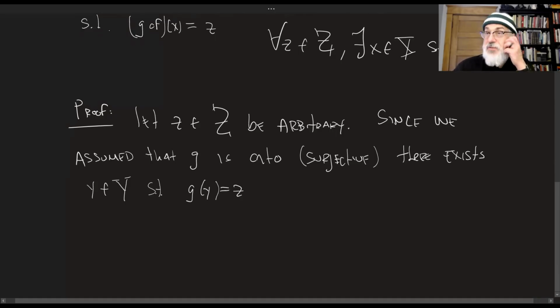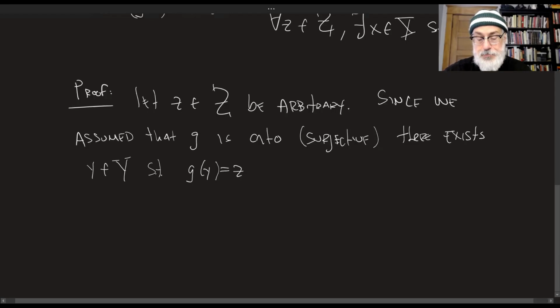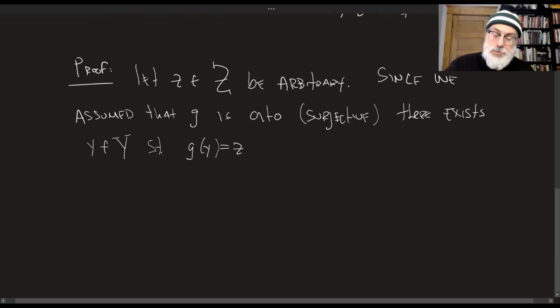This is the definition of surjection, right? For every element in the codomain there's an element in the domain such that the function maps to every element in that codomain. Let's maybe write that.